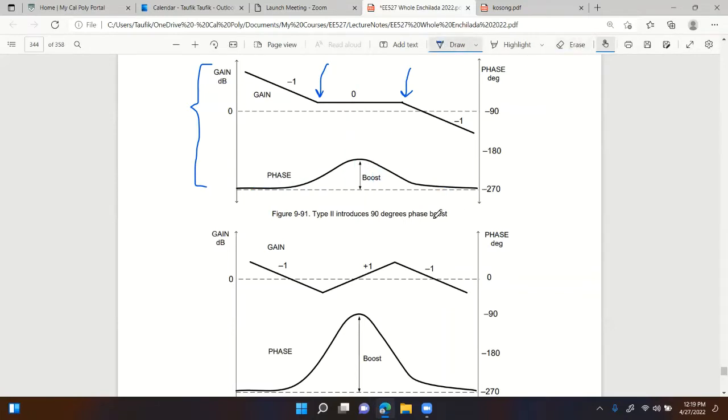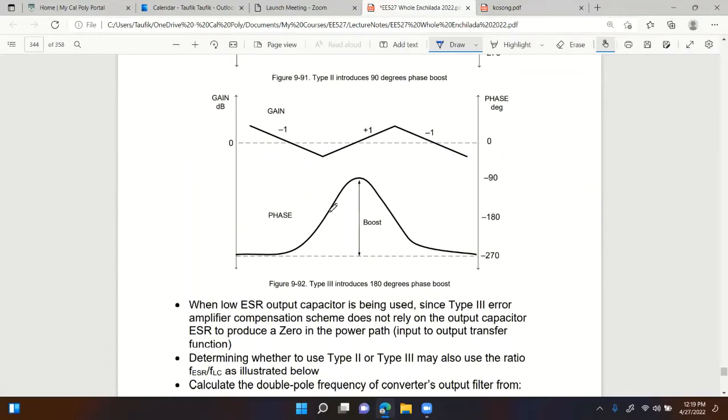Well, instead of introducing one single zero, you can introduce a double zero, right? A double zero means the maximum angle you get is 2 times 90 degrees. So that's 180 degrees. So it looks something like this. Again, you start from high gain at low frequencies with a -1 slope, and then right at this corner, you turn the slope.